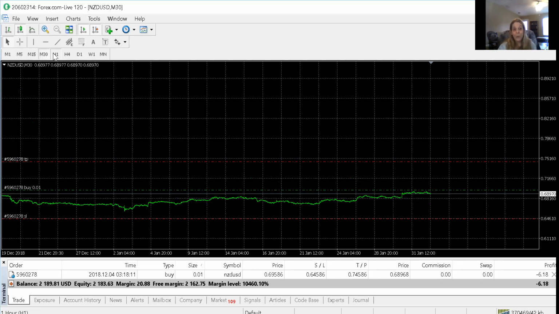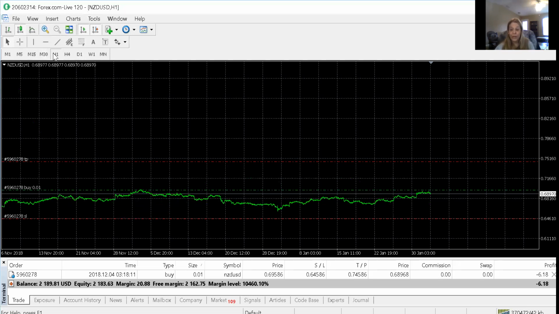Going into the 1 hour time chart, there's more information. However, it only goes back to November 6th of 2018. There's not a lot of information here. It's not a clear picture. And if you are like me and want to be in a trade longer than that, I wouldn't advise it.